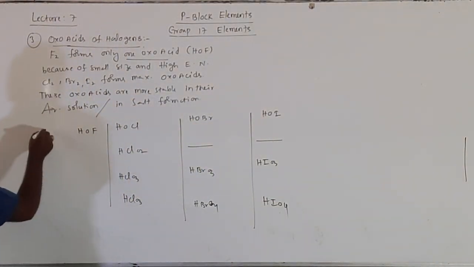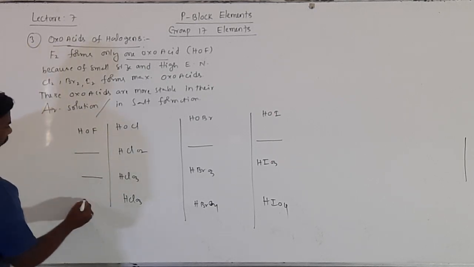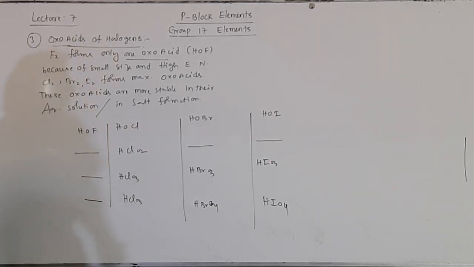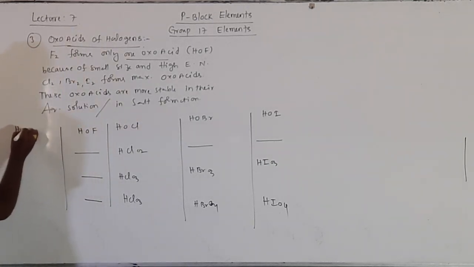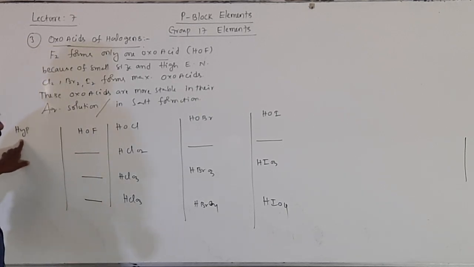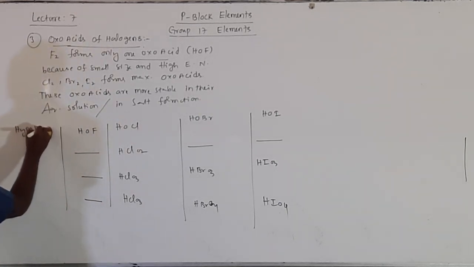Their names I can write here, students. Fluorine forms only one oxoacid, so I am writing here. The name will be hypohalous acid.